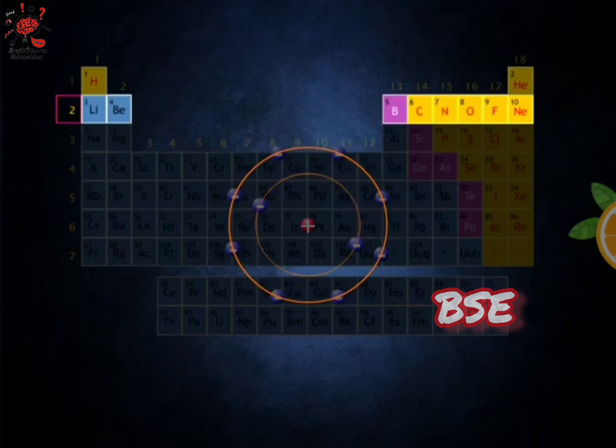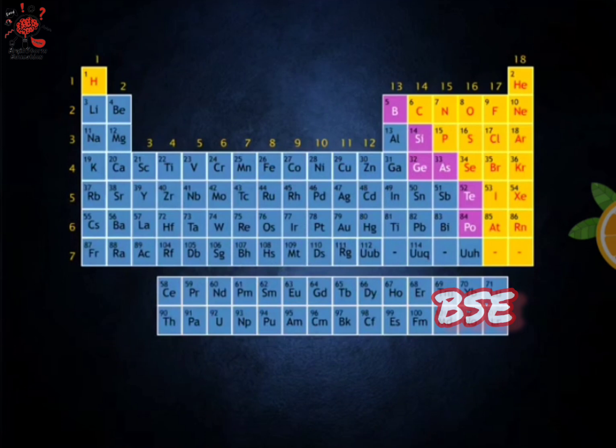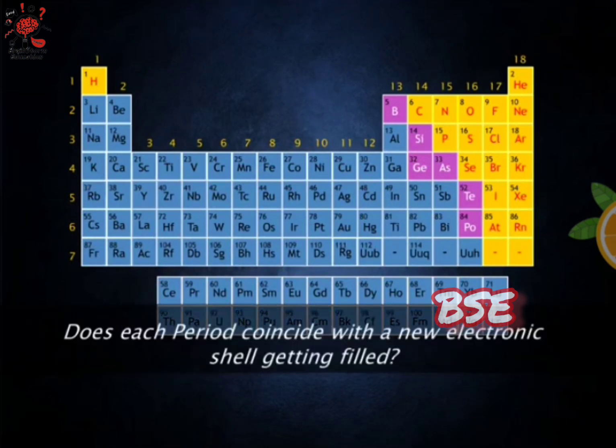All have 2 electron shells. The successive electrons are added to the second shell, which can contain up to 8 electrons. This regularity can be seen throughout the periodic table.